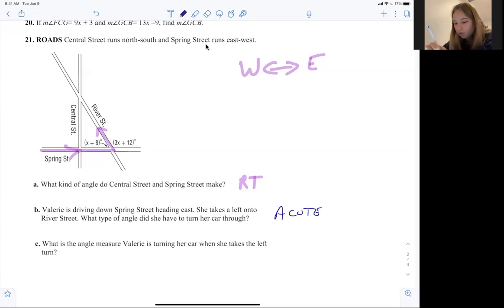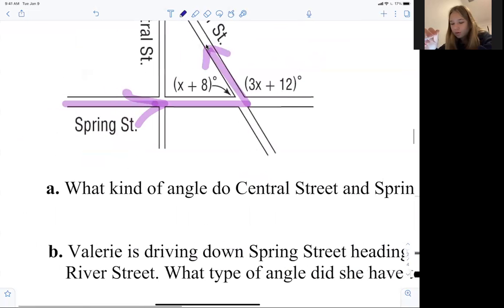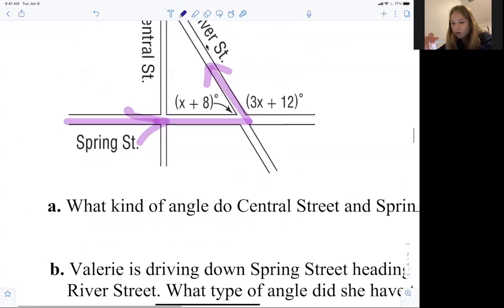What is the angle measure Valerie is turning her car when she takes the left turn? Well, we'd have to measure it, right? Oh, no, we don't. How can we figure that out? 3x plus something equals x plus 8? Definitely not. Those are definitely not equal angles, because one's acute and one is obtuse.